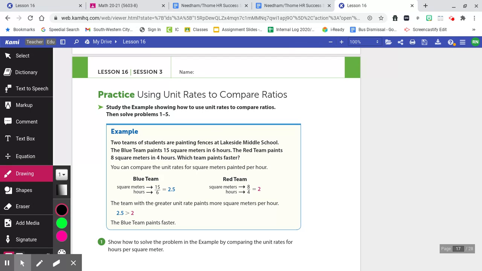Which team paints faster? Well, they used the division process, so they did 15 divided by 6, 2.5. This one did 8 divided by 4, which is 2. So the team with the greater unit rate paints more square meters per hour. So the blue team is faster.